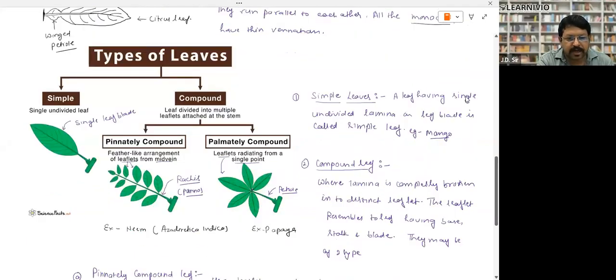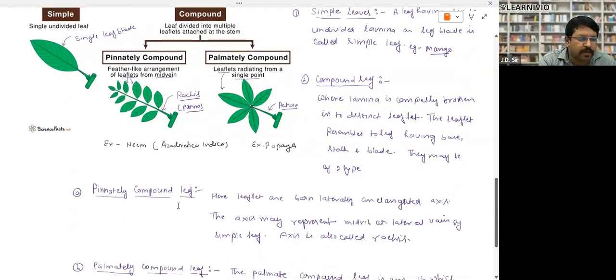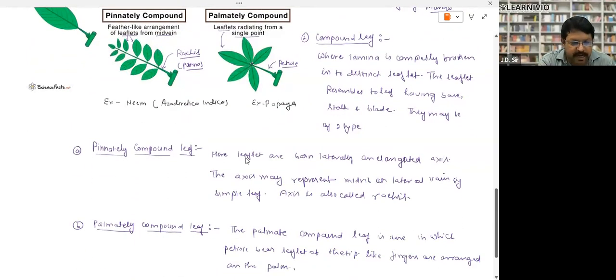A simple leaf, a leaf having a single undivided lamina, is called simple leaf, like mango. Compound leaf is where the lamina is completely broadened into distinct leaflets, and the leaflets resemble a leaf having base, stalk, and blade. They may be pinnately or palmately compound, as I have already mentioned.